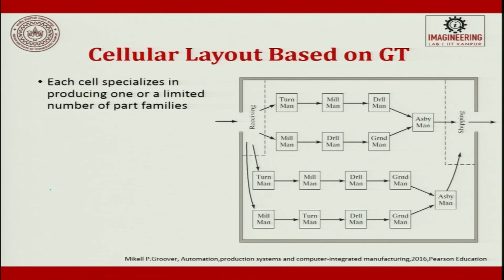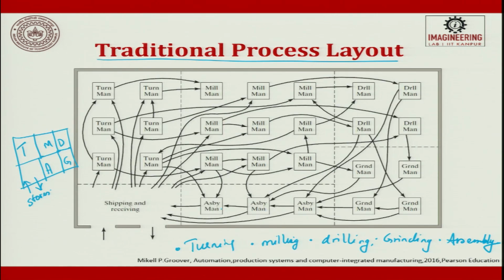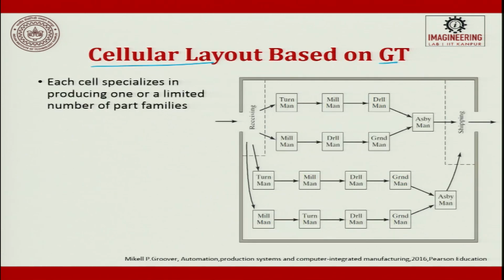Now, when we talk about cellular layout based on group technology, if you go back and see, there is a zigzag or back and forth movement of materials between machines to meet the output. So, now what I have done is, I have wisely made several groups. The grouping is made depending upon their part family.